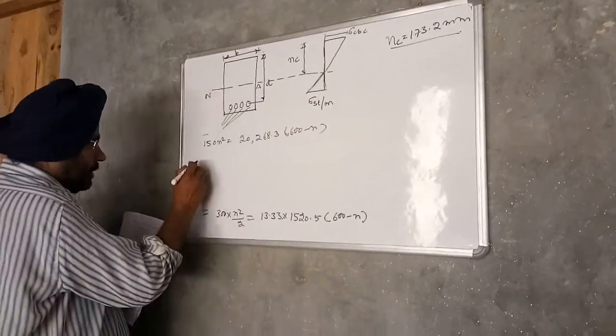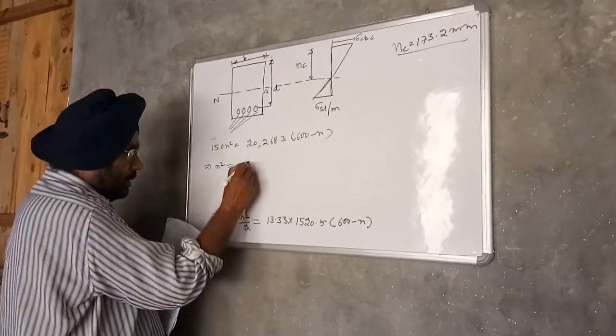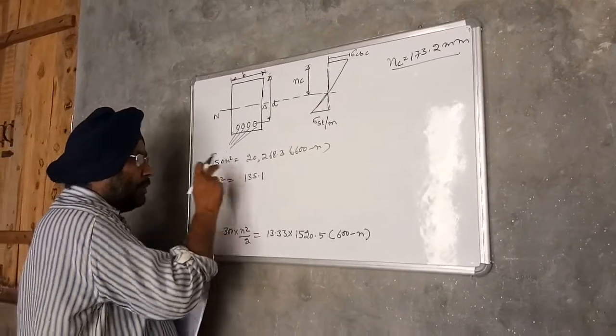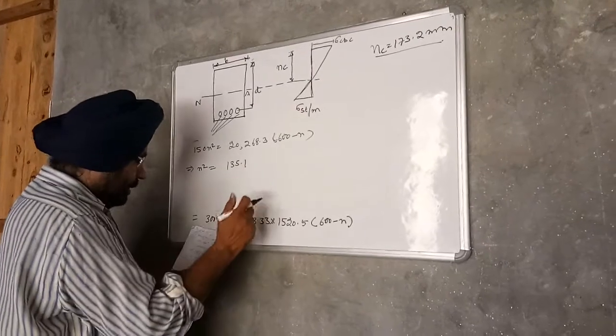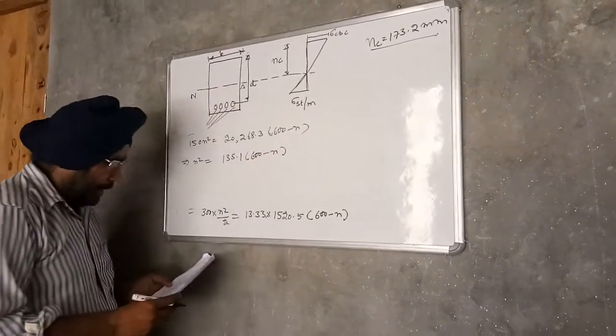Then n square equals 135.1 into 600 minus n, by dividing this side by 150.